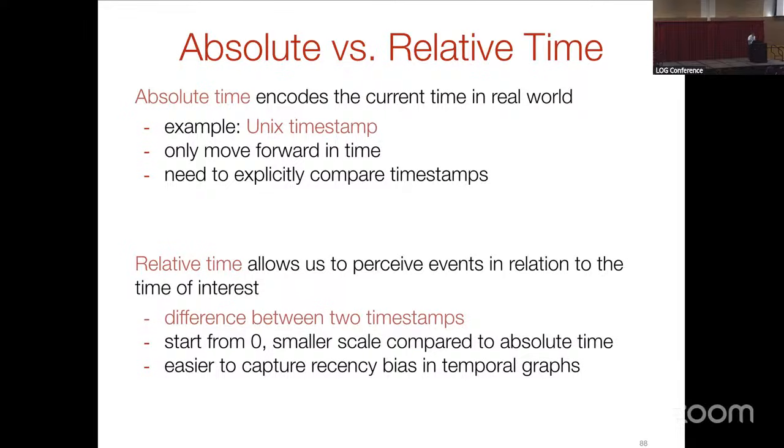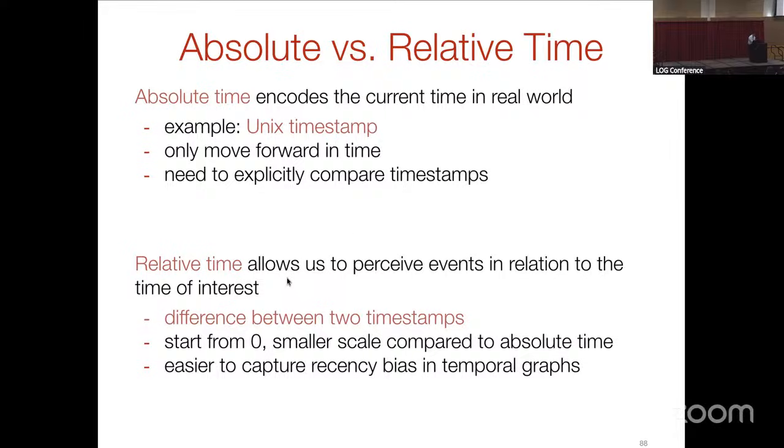So this only moves forward in time. This absolute time encoding will never repeat because real-world time doesn't repeat. So things will happen sometime in the future, but for one given timestamp, there's no repeating it, right? So this makes it hard to compare timestamps.